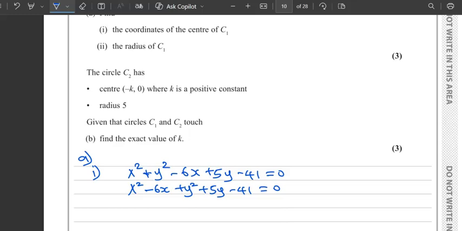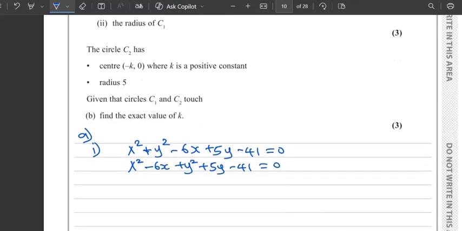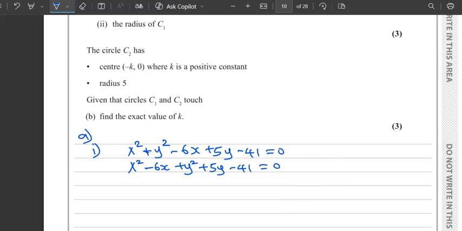Now for us to get the coordinates of the center and the radius of the circle C1, we can use either the completing the square method or the formula, and today I will use the formula.